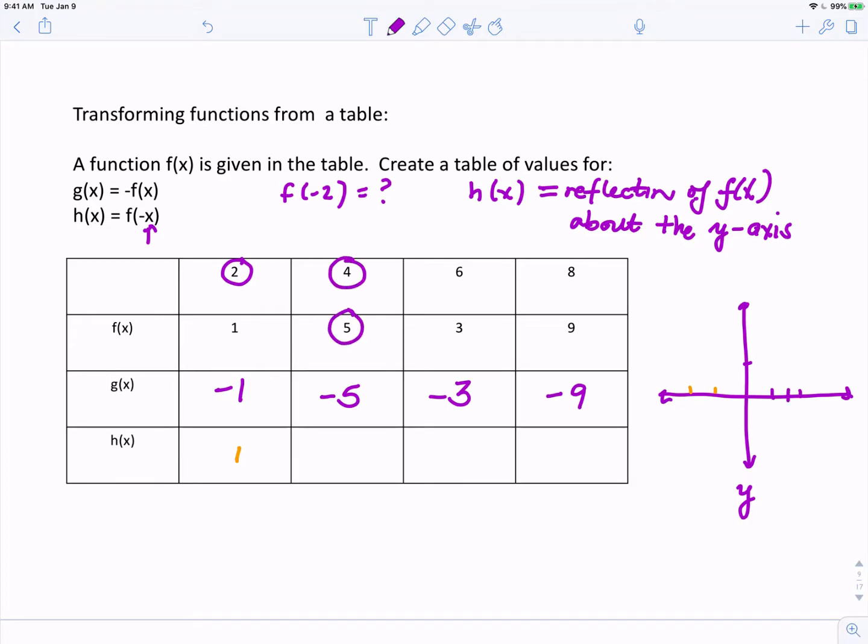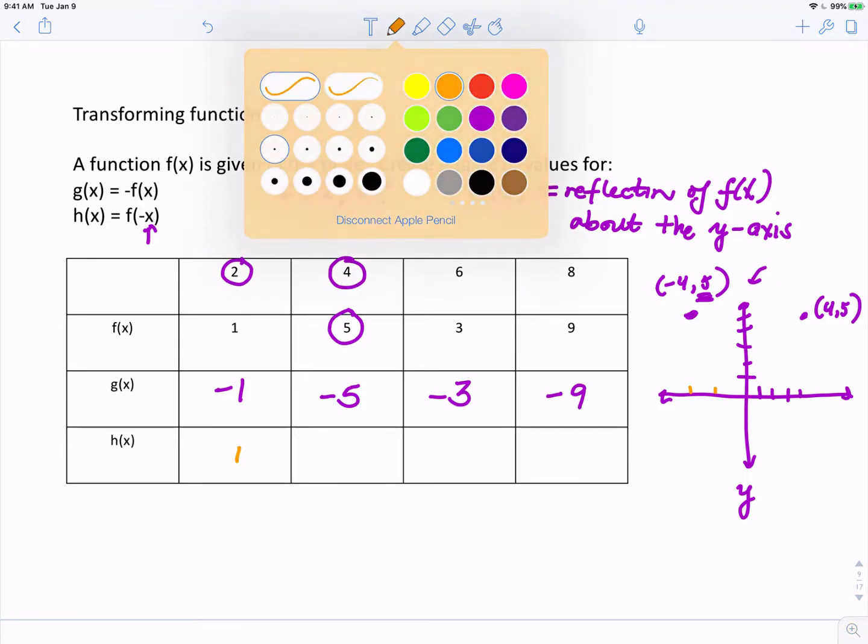So (4, 5) might be something like this. Here's (4, 5). Now what would h of x be? h of x is the reflection of this point about the y-axis. And if we reflect this point about the y-axis, it will come over here. And what would those coordinates be? Those coordinates would be (negative 4, 5). And so the output variable is still going to be 5.